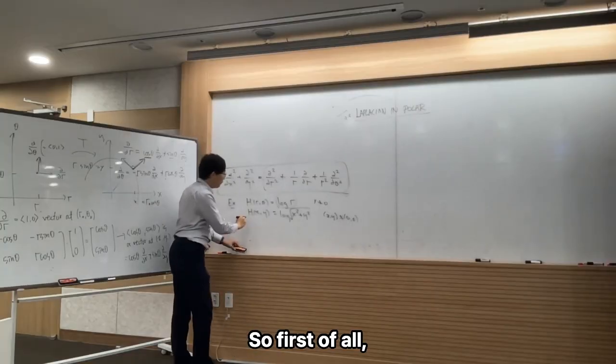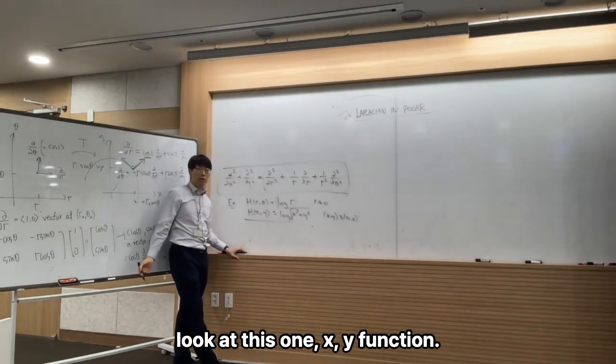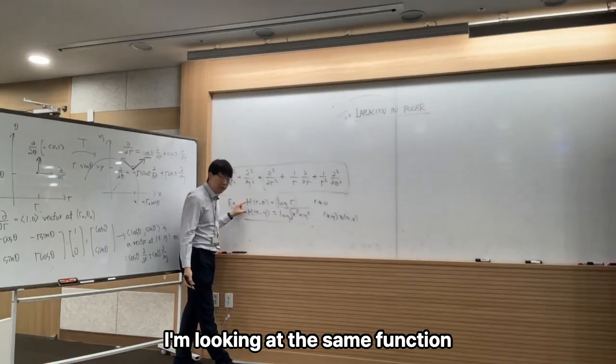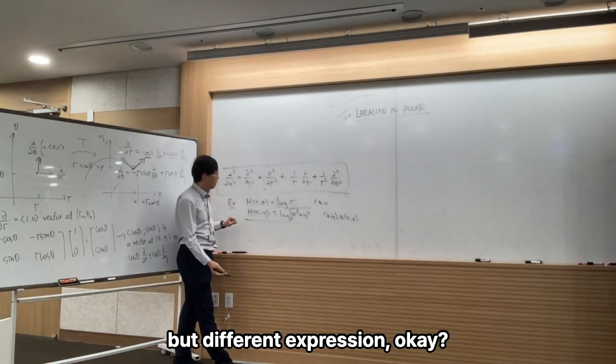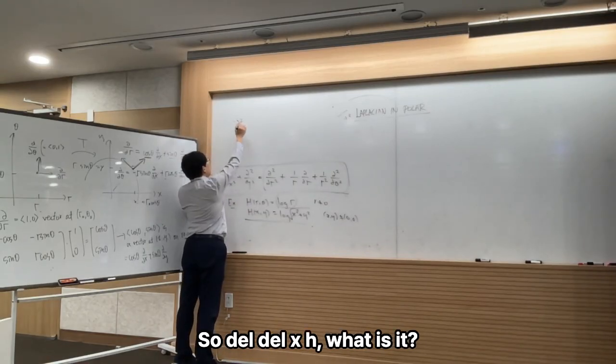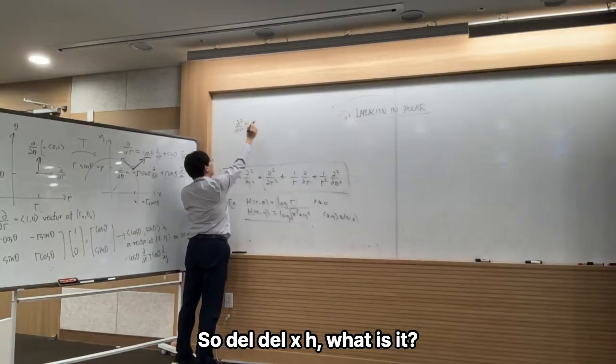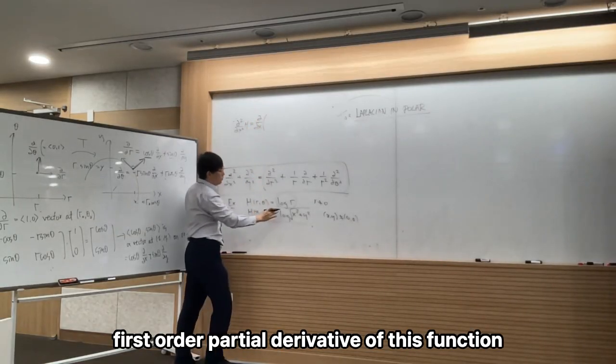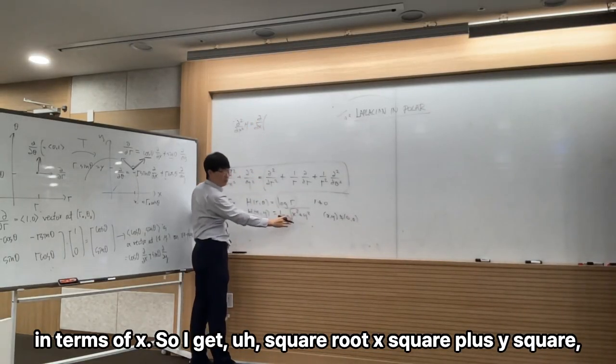So first of all, look at this one, the xy function. I'm saying again, I'm looking at the same function but a different expression. Okay. So ∂x h, what is it? First I have to take the first order partial derivative of this function in terms of x.